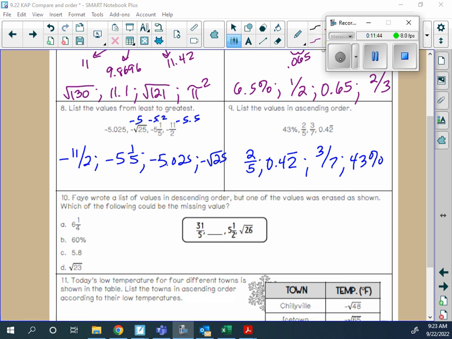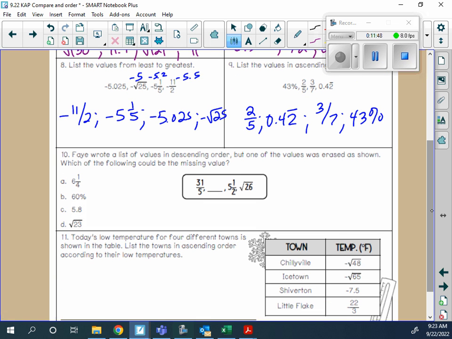Okay, check 8 and 9. All right. And then 10. It just wanted to know what could be this missing value. Well, what's the value of 31/5? 6.2, and then this would be 5.5.